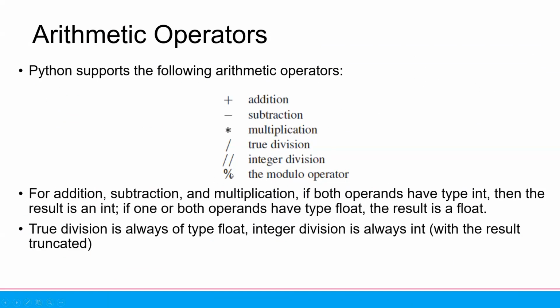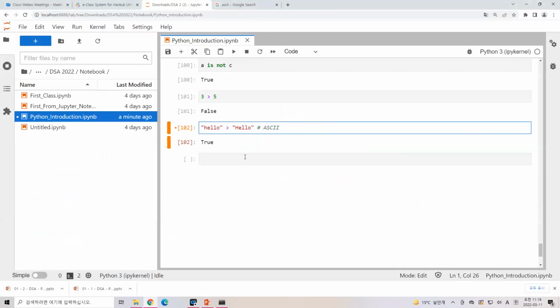And then percent is the modulo operator. For addition, subtraction, and multiplication, if both operands have type integer, then the result will be integer. If both operands have type float, then the result is a float. True division is always type float, and integer division is always integer. Can you understand the meaning?